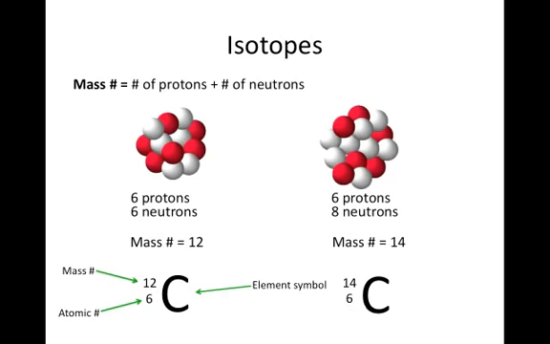The mass number of the atom on the left is 12, while the mass number of the atom on the right is 14. Otherwise, the atomic numbers are the same because both atoms contain the same number of protons, and the element symbols are the same because the identity of the element is determined by the number of protons.